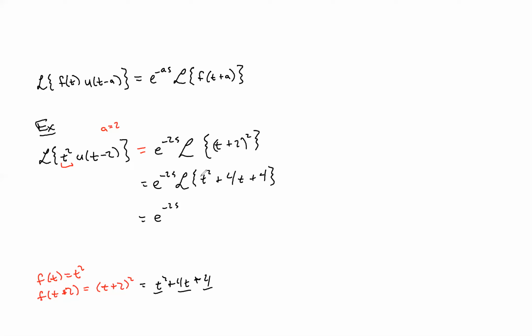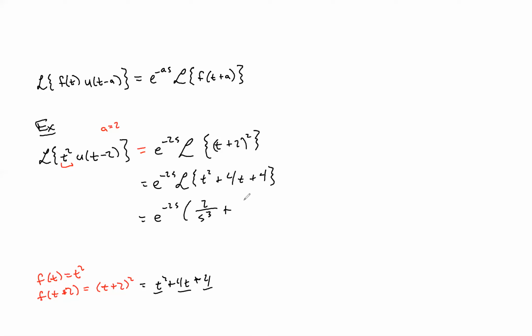The Laplace transform of t squared, that's t to the n, where n is 2. So I've got 2 factorial, which is just 2, divided by s raised to the 2 plus 1 power, so that would be s cubed. Plus 4 times the Laplace transform of t. The Laplace transform of t to the first power is 1 factorial over s squared.